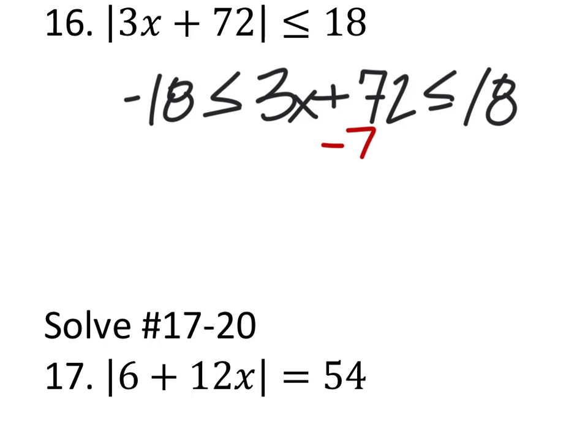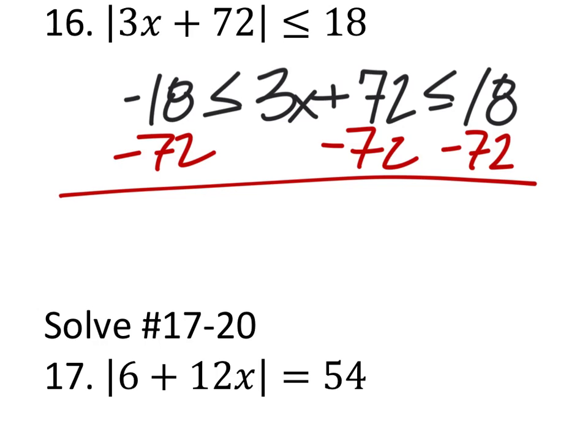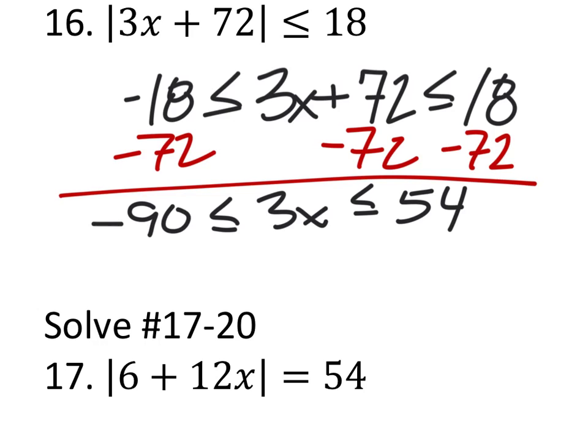And from here we would subtract 72 from every term, which would then leave us with 3x is less than or equal to, looks like this is going to be 54, and this one will be negative 90.